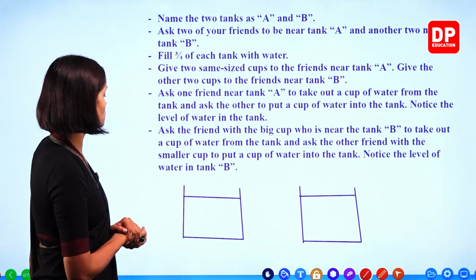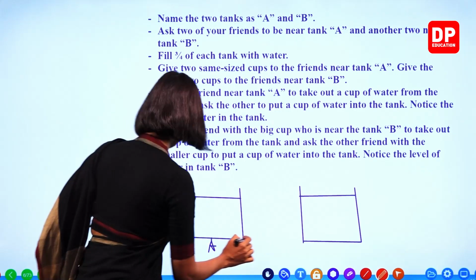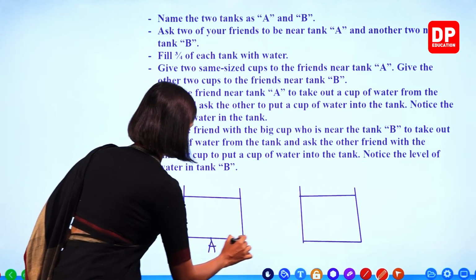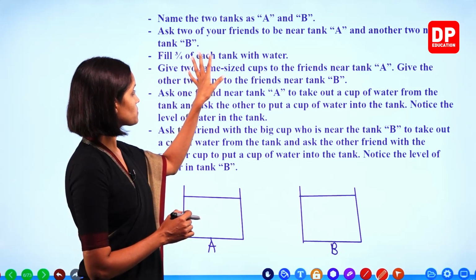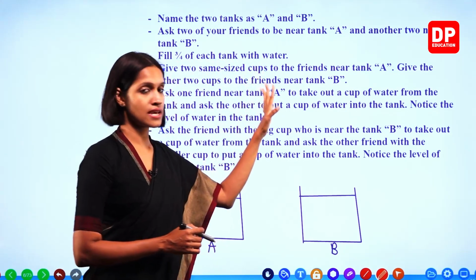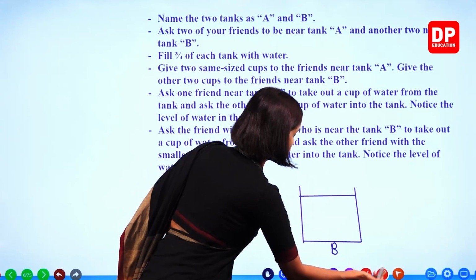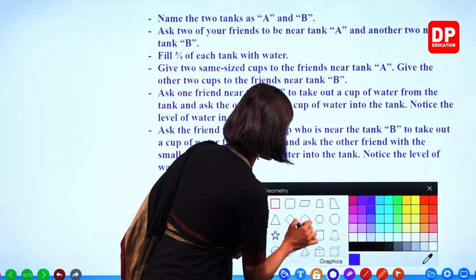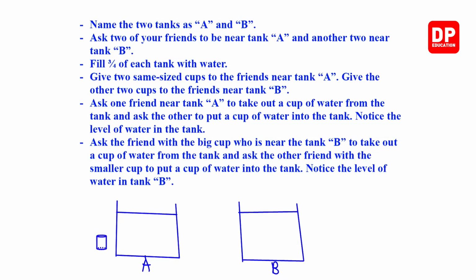Then what do you have to do? This is tank A, this is B. Give 2 same-sized cups to the friends near tank A. Give the other 2 cups to the friends near tank B. So you need 2 cups of the same size, right, children?